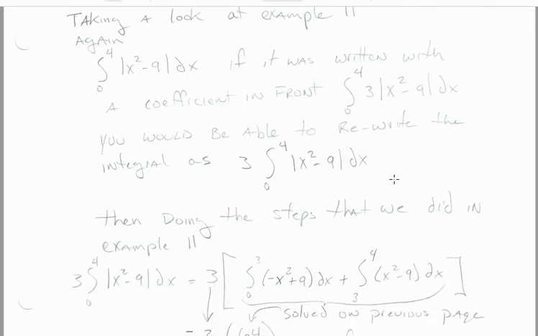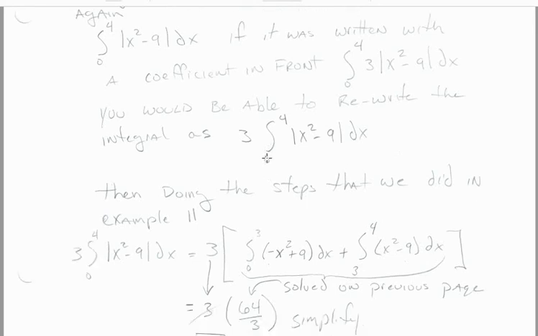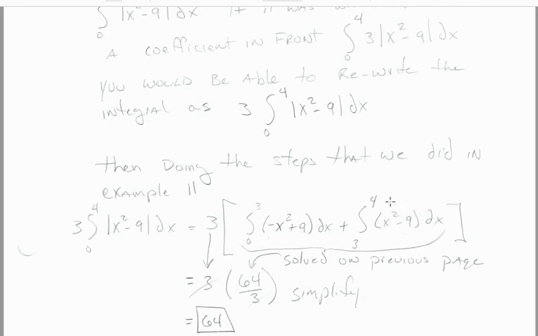What you should do is factor that 3 out in front of the integral. Then treat the integral the same way we just solved the problem. So work through all of it the same way.